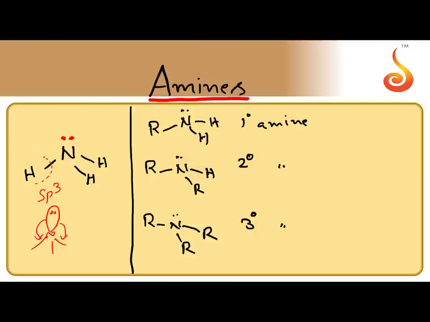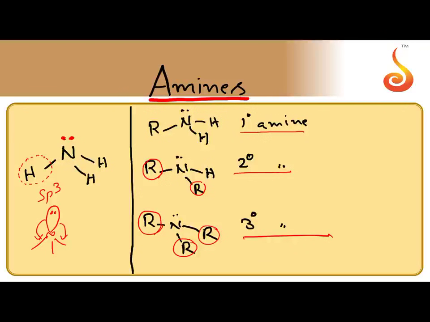When one hydrogen atom of ammonia is substituted, if one alkyl group is introduced into the molecule of ammonia, we get a monoalkyl derivative of ammonia, called a 1 degree amine. If two alkyl groups are introduced, we get a 2 degree amine. If three hydrogens of ammonia are replaced with 3 alkyl groups, we get a 3 degree amine.